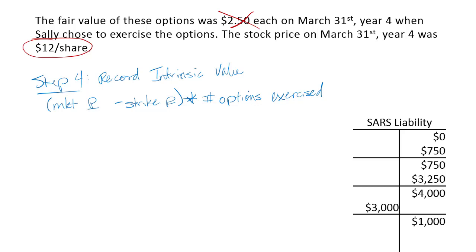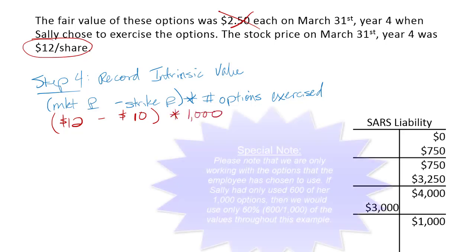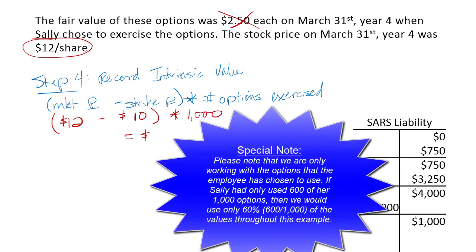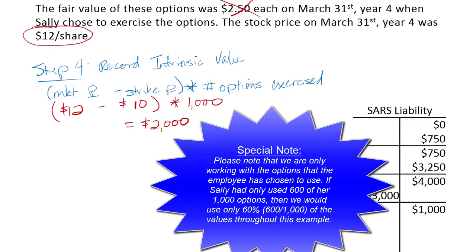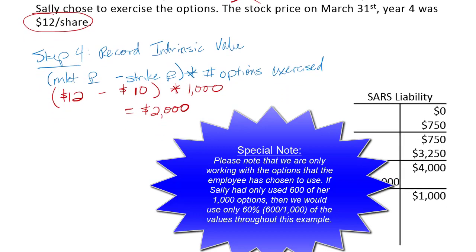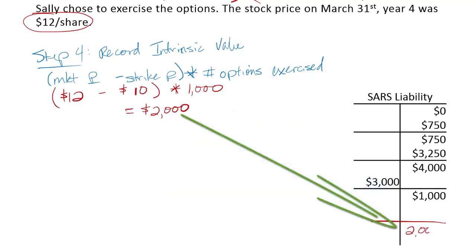Now in this case, market price is up here. It's $12 per share. Strike price was $8 for Alice, but for Sally, it is $10. And we're going to assume that she uses all of these options. So to get to the intrinsic value, I have to get the SARS liability to this $2,000.